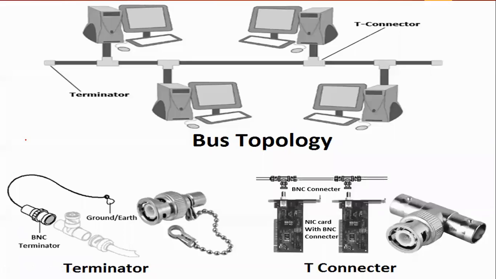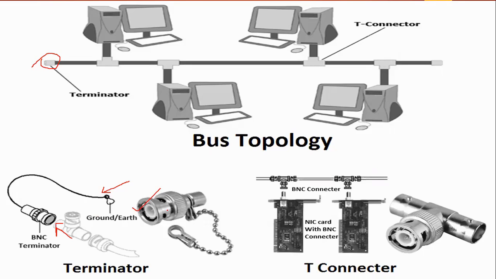See, this is an image of bus topology. We have some hardware showing here. These are T connectors, and this is your terminator, and a terminator looks something like this. This is a terminator with a particular grounding wire for earthing, something like this.